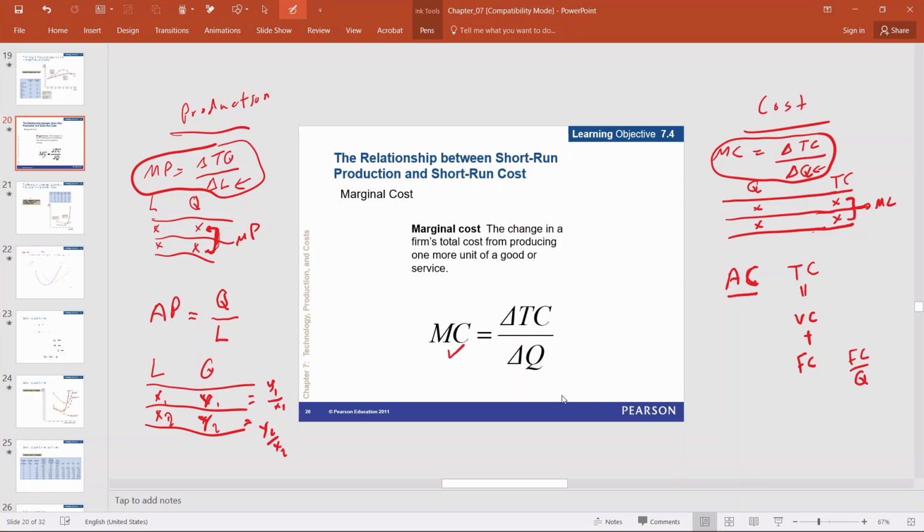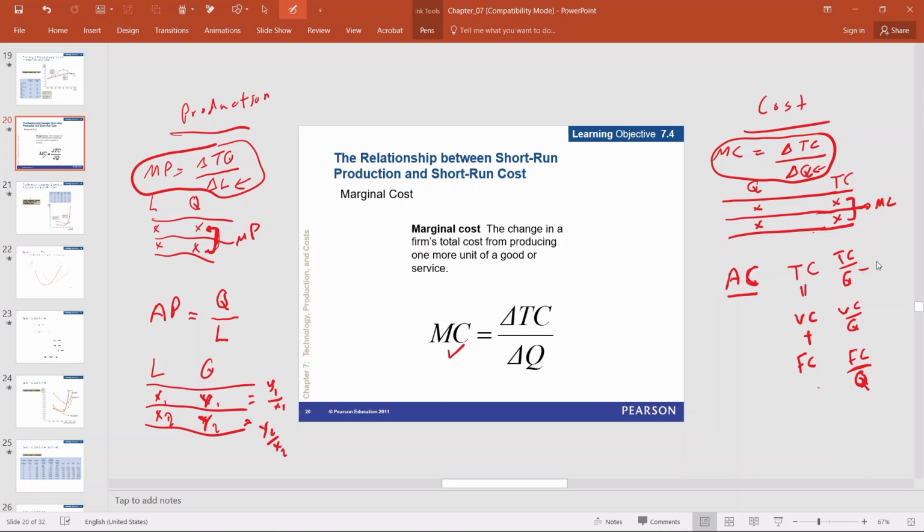Again, notice that there we are dividing by the level of L, but here it's the type of cost over the level of Q. And here variable cost divided by the level of production or output, and here total cost divided by the level of production.